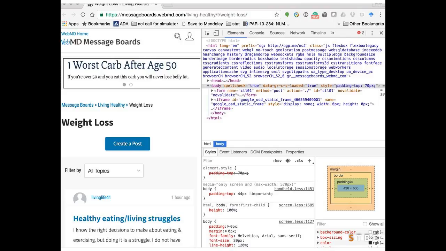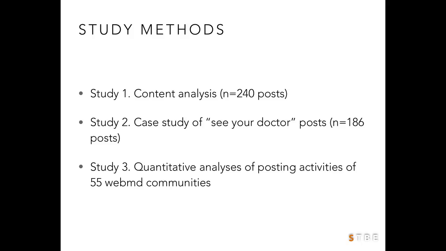Once I got that, I was able to query the data and randomly sample the threads, analyze the number of posts posted over time, and so forth. To get at those research questions of understanding the dynamics among patients and with the moderators, we conducted content analysis of 240 randomly selected posts.